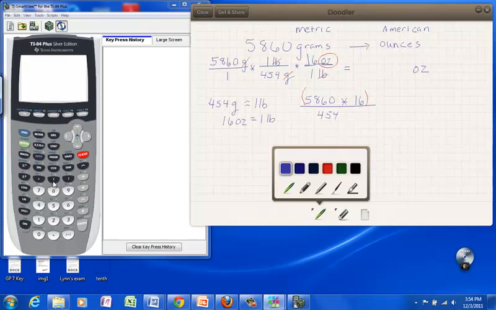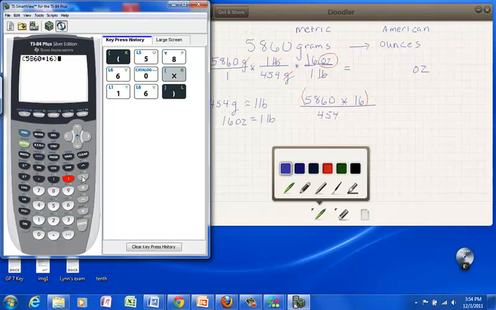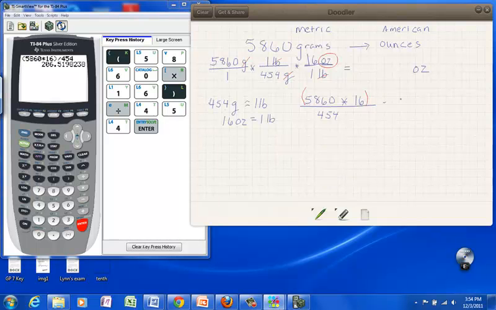So I'll group the numerator. All right, so there's an answer with lots of decimals, and we clearly want to round that off.